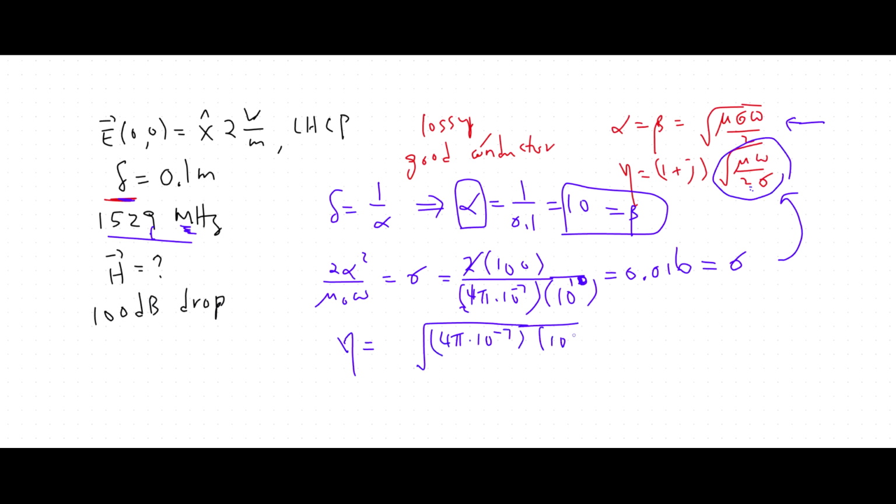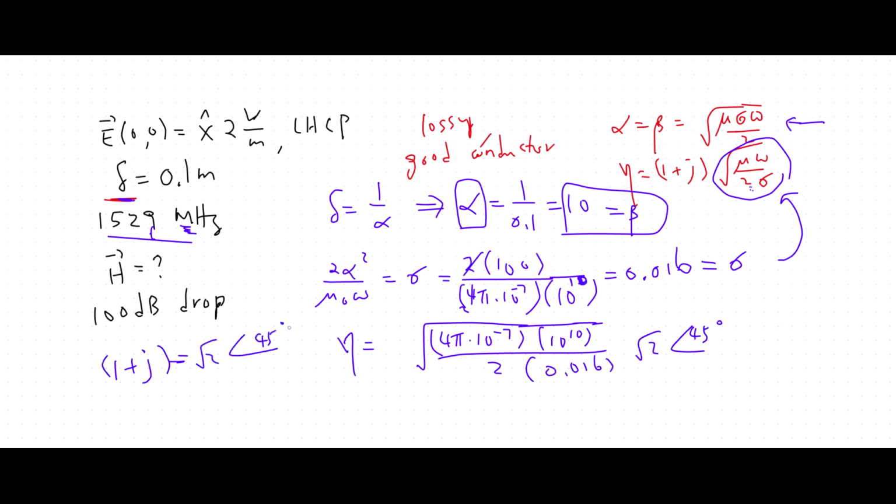And then divided by 2 divided by 0.016, and then take a square root. And then 1 plus j, what is 1 plus j? It has magnitude square root 2, and the phase angle is 45 degrees.